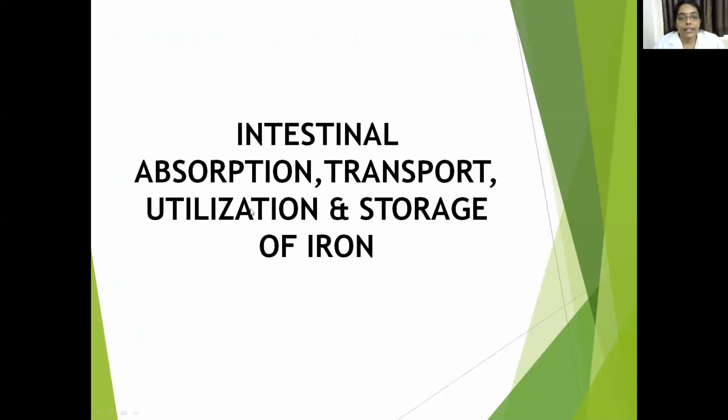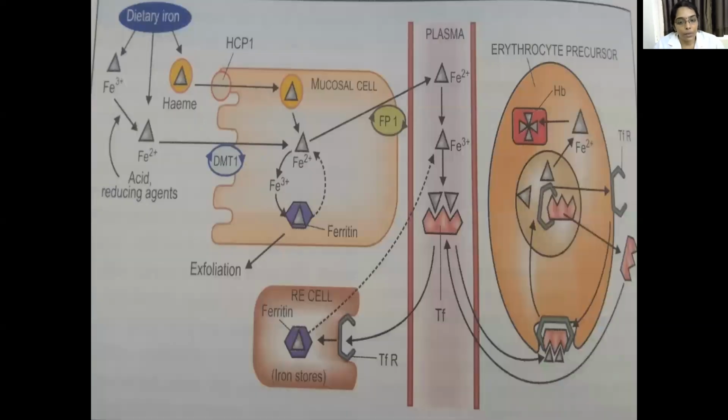Now let us see the intestinal absorption, transport, utilization and storage of iron in the body, as well as the excretion of iron. This is only one image, so we will discuss everything in this image. It starts with dietary iron. On an average, in the daily diet which we take, the amount of iron present will be 10 to 20 mg.